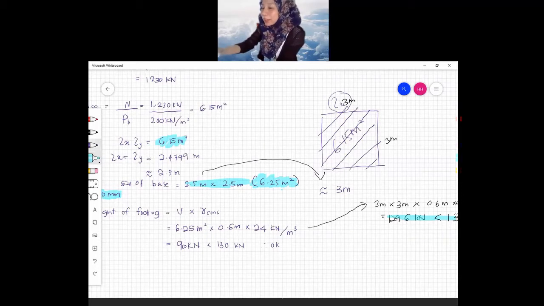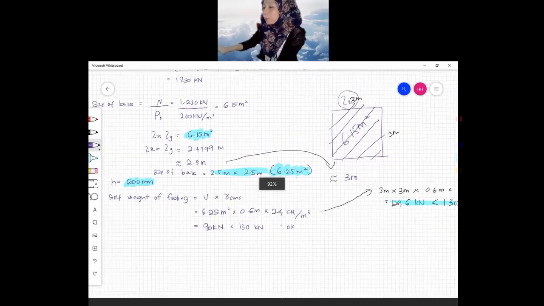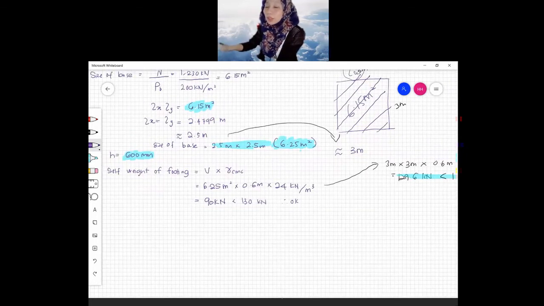Okay. But we have to consider that it may be over design. But in your case, we are in a class, we are not working at industry level, so this one is considered okay. Normally when you enlarge the base size, the reinforcement becomes less, so it balances out and is not really over design.